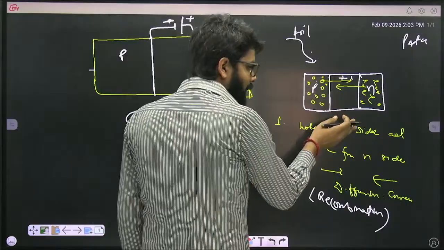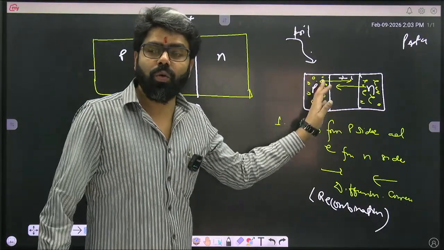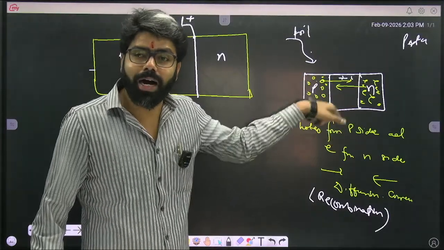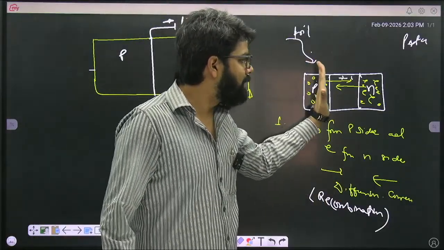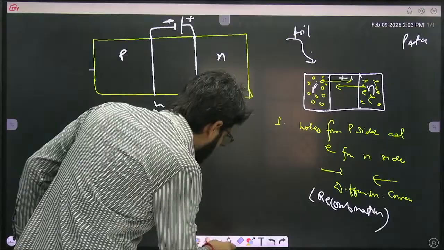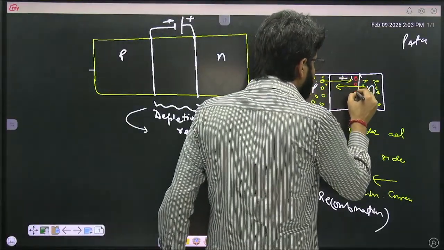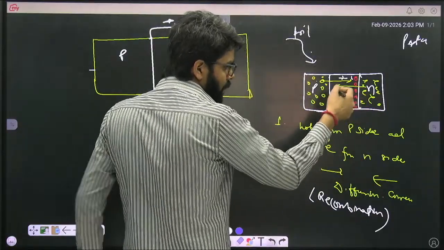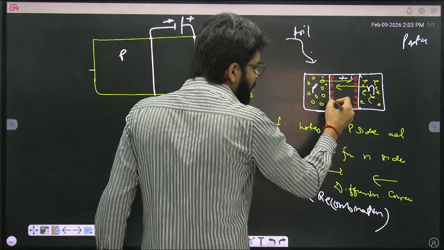So no charges are there, but since the hole concentration is very high, a few holes escape from the recombination, or do not take part in the recombination, and reach the other side. I'll just show it in another color. They reach this side, and a few electrons do the same thing and reach this side.